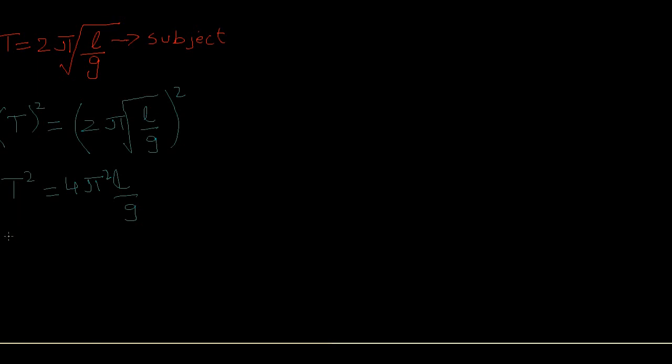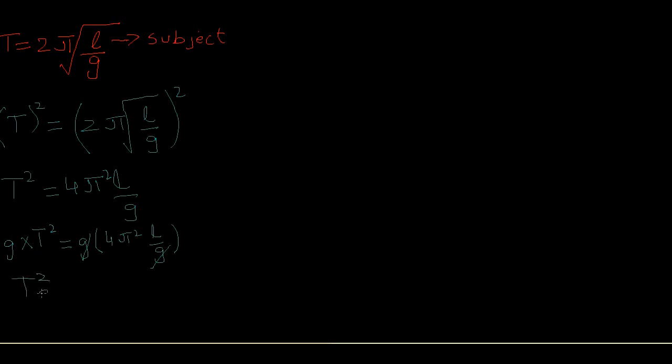We multiply both sides by G. G times T squared equals G times 4 pi squared L upon G. This G will cancel, and on the left there is no G to cancel, so it will be multiplied with T squared.